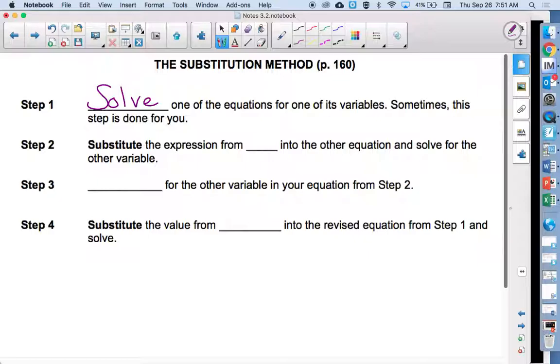Substitute the expression from step 1 into the other equation, and then solve for the other variable. So you're taking an expression, you're plugging it in, and then solving for the other variable.